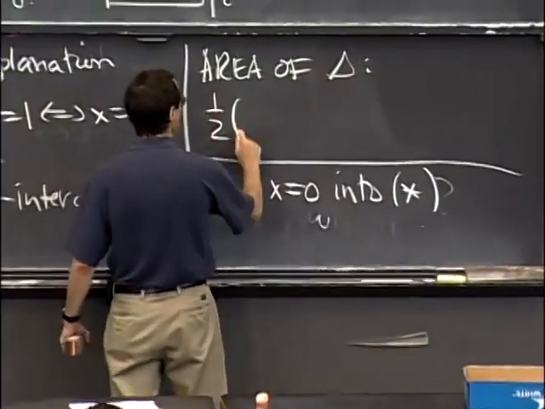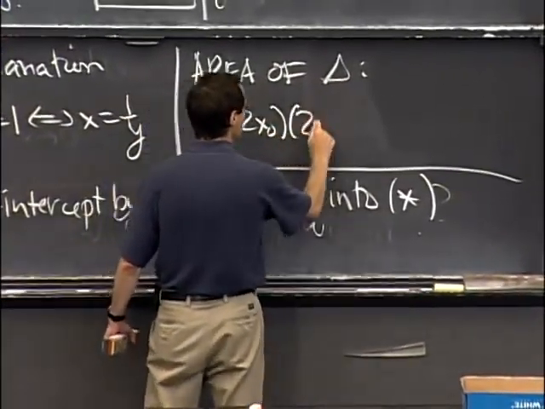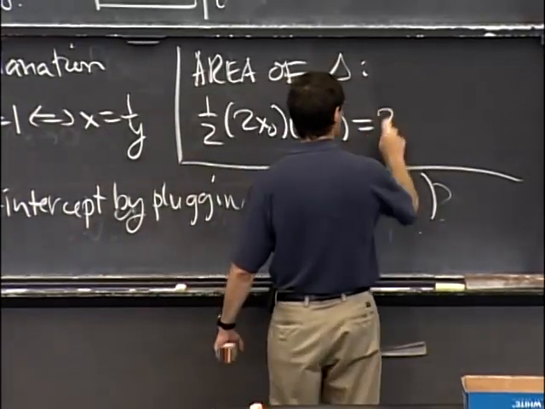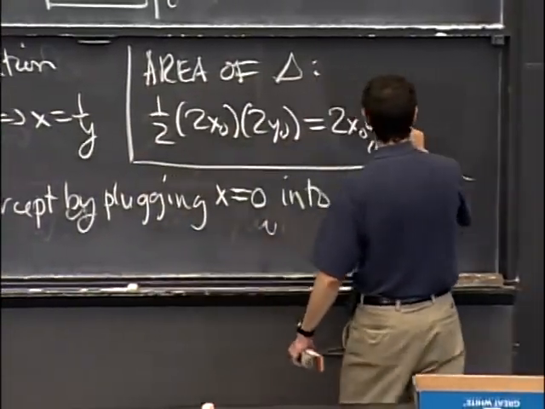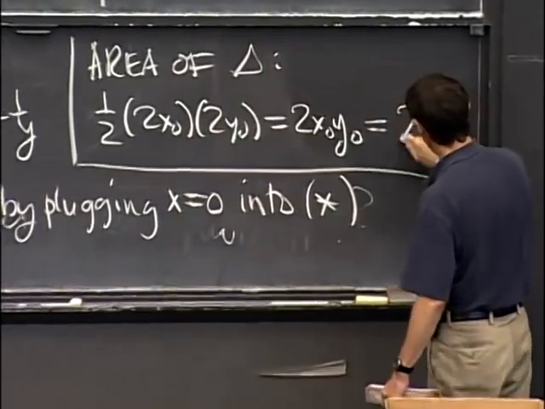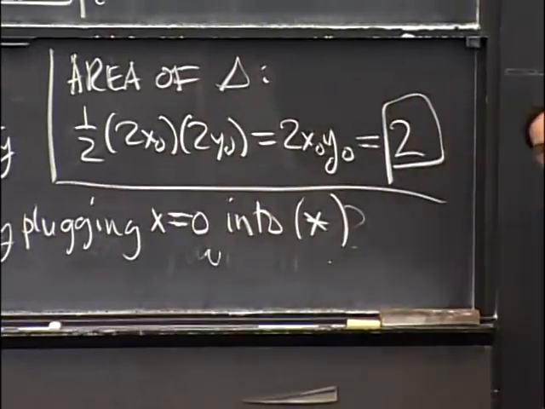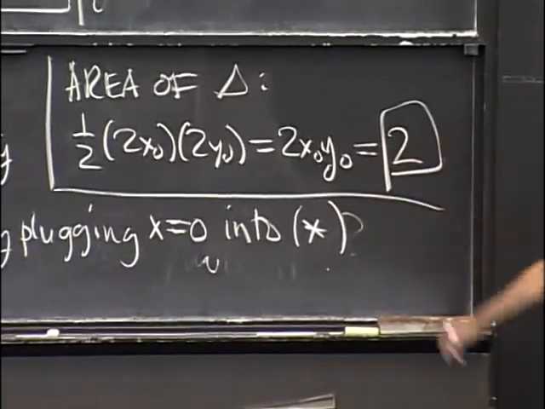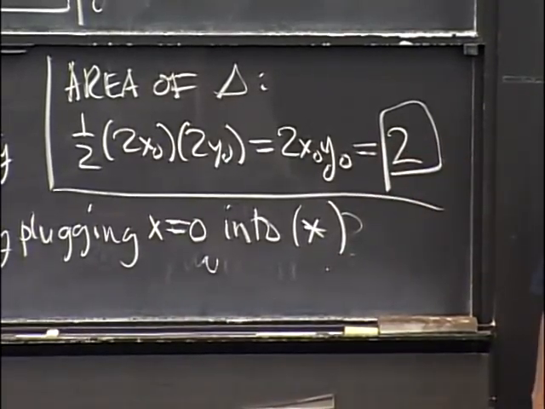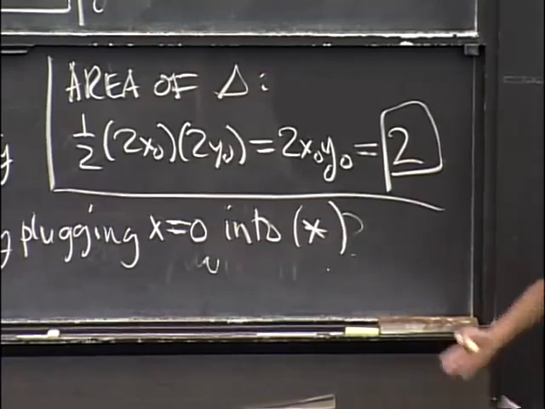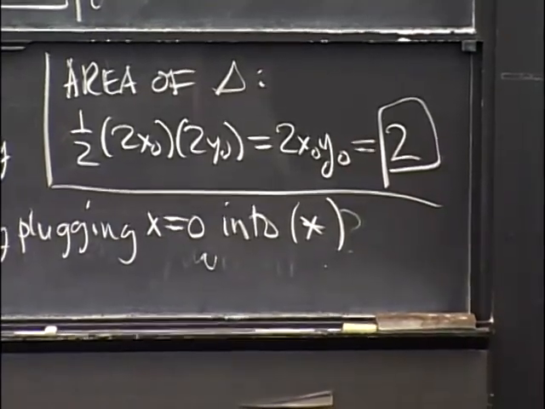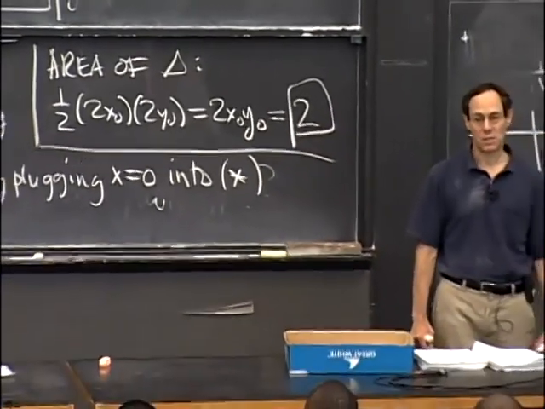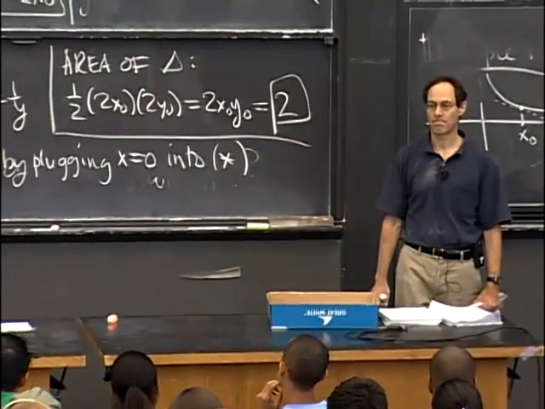So it's a half times 2x0 times 2y0, which is 2x0y0, which is, lo and behold, 2. So the amusing thing in this case is it actually didn't matter what x0 and y0 are. We get the same answer every time. Now, that's just an accident of the function 1 over x. It happens to be the function with that property.